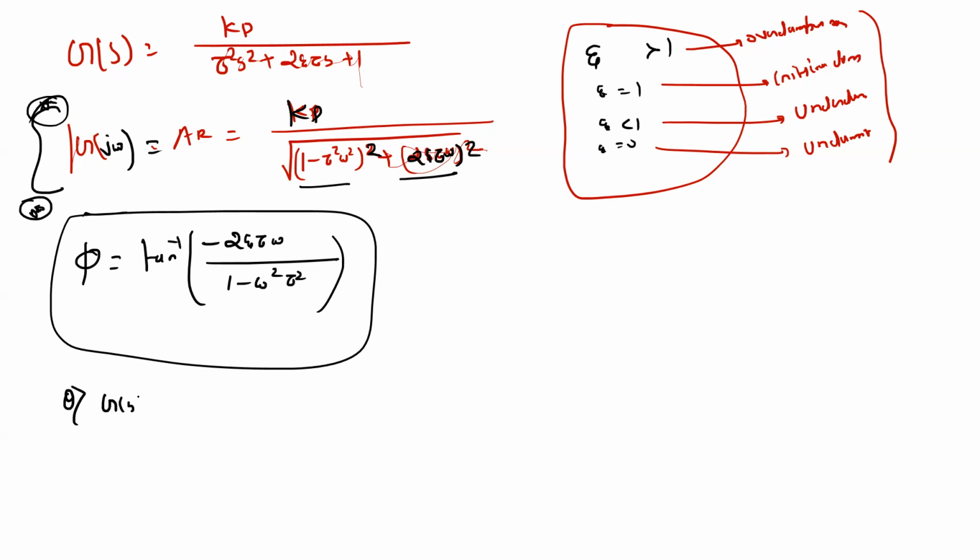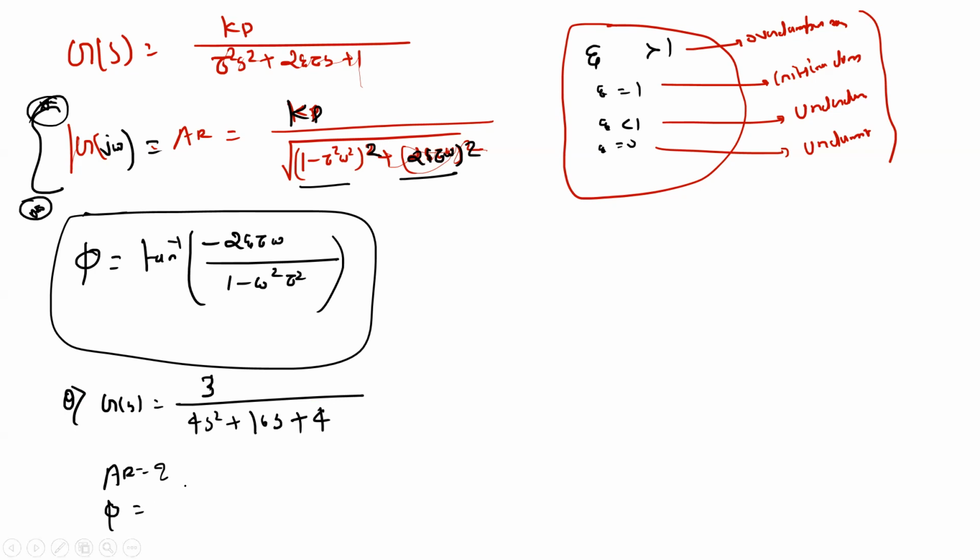Let's say your G(s) is equals to 3 upon 4s square plus 16s plus 4. Calculate the value of amplitude ratio and calculate the value of phi.